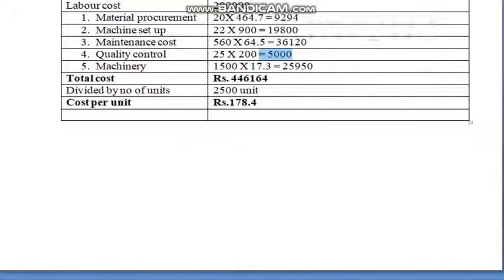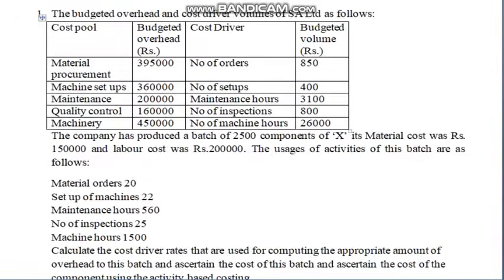Now the last activity is the cost of machinery. Here the cost of machinery is based on total number of machine hours. In this problem the total number of machine hours is 1,500 to produce these 2,500 components.